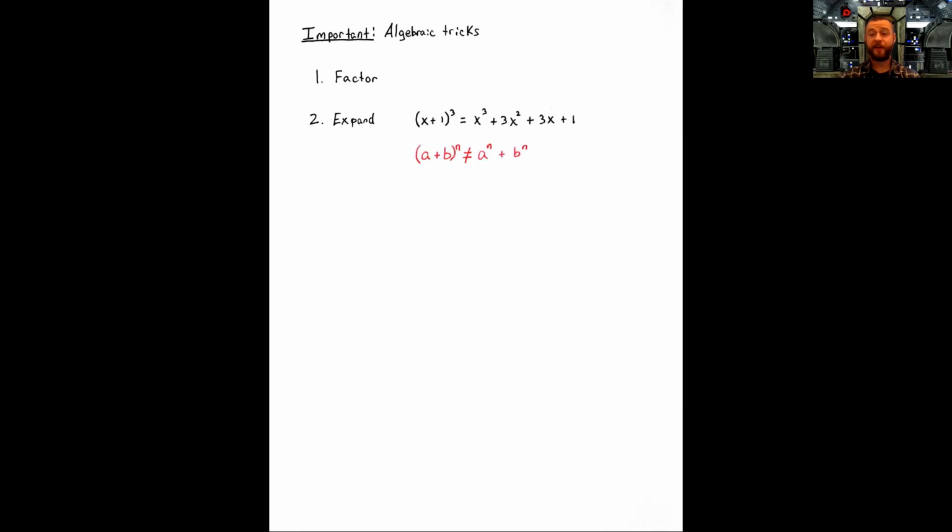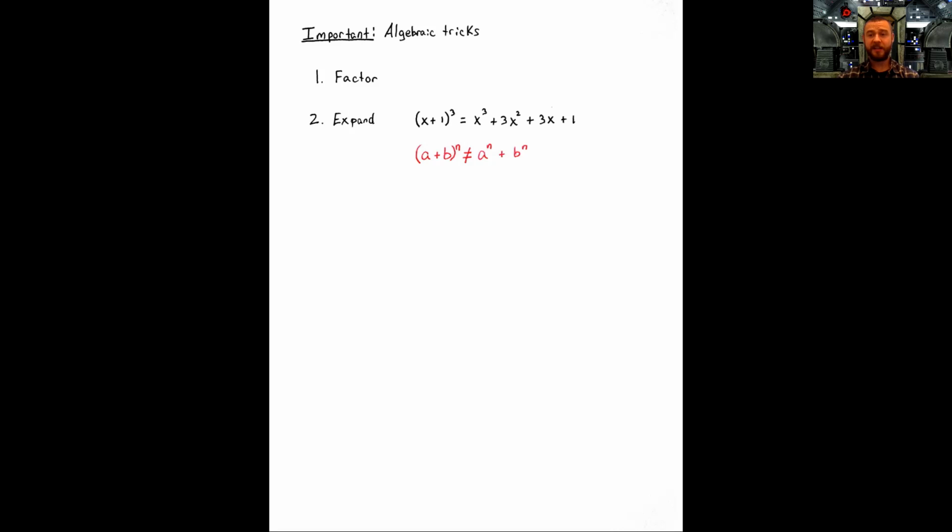Hopefully you're very quickly able to expand x plus 1 cubed. The result is on the screen there. You should be able to do that quickly. Be careful: x plus 1 cubed, we can't cube each part to get x cubed plus 1 cubed.